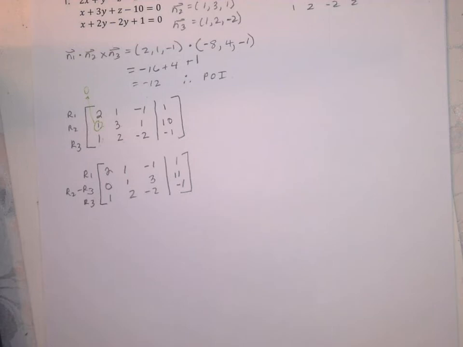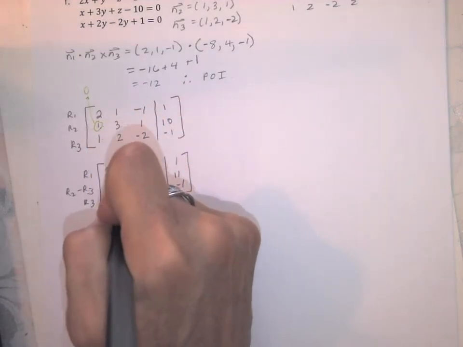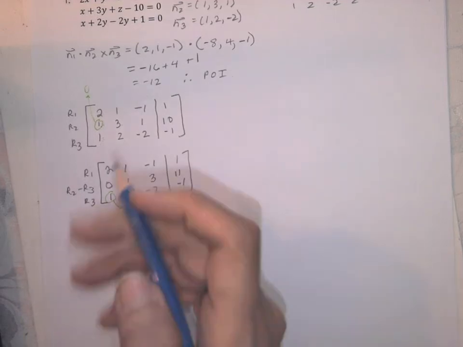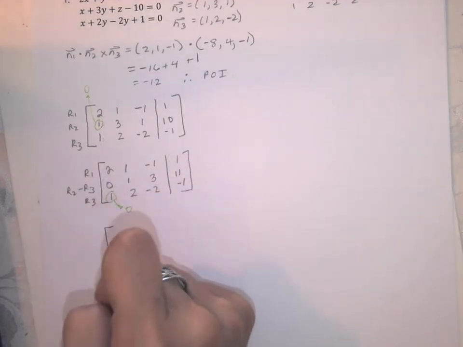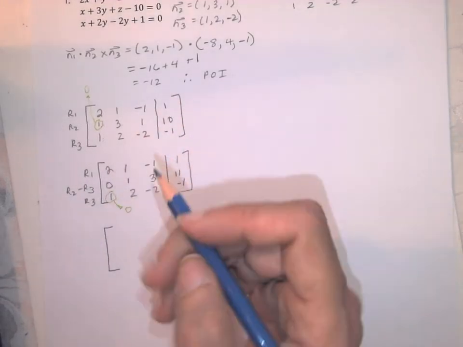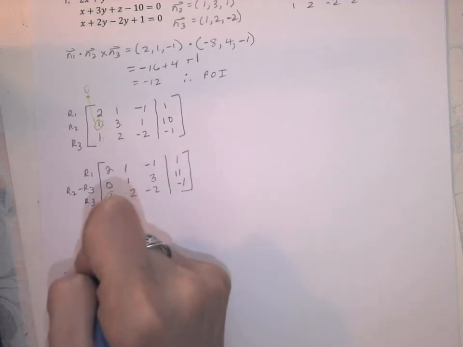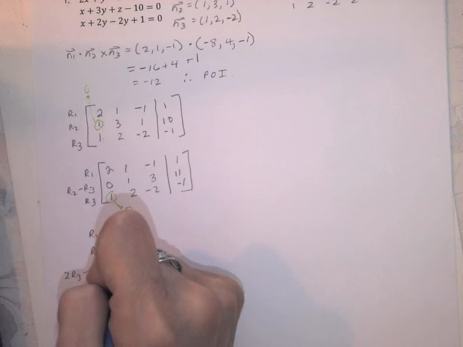And the next thing we want to do is get a 0 in this position. We're making that L of zeros. And I can see that I'm going to do 2 row 3s minus row 1 in order to get a 0 there.